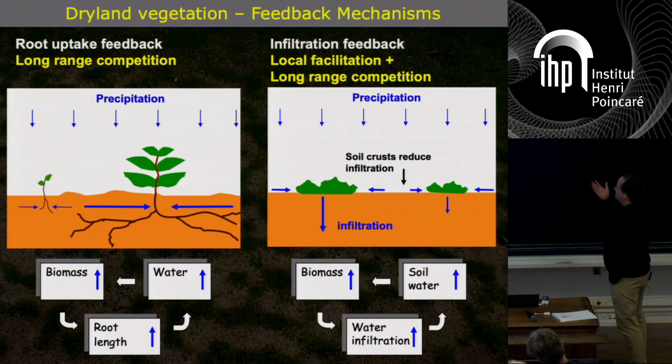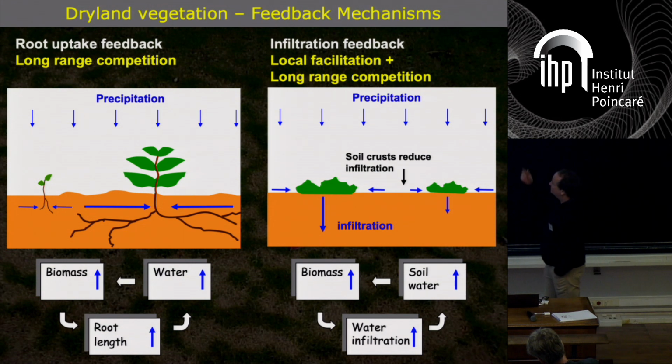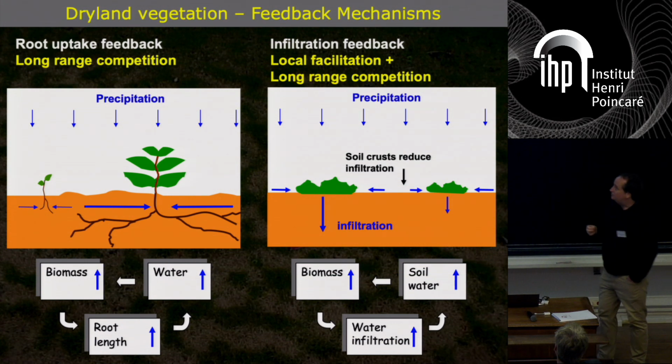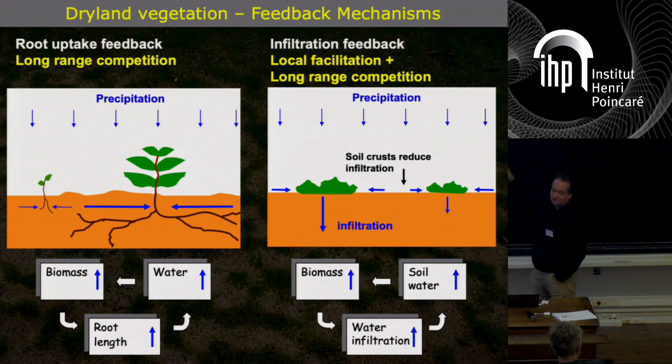For example, one can think of the fact that plants will also interact under the surface through their root system, and obviously larger plants, more developed plants with a more developed root system will be able to draw water more efficiently and may do so at the expense of new seedlings which are trying to grow.